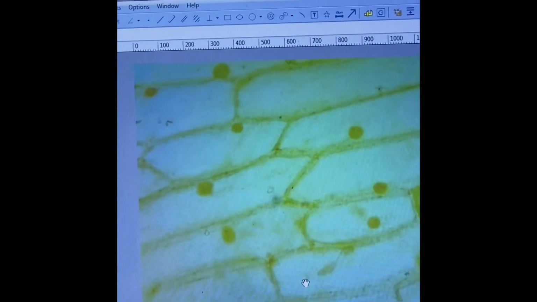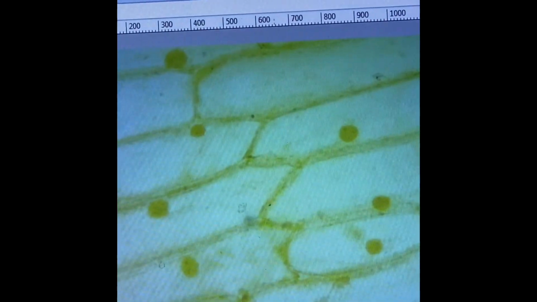All of them are pushed to the side and are not centered. And this is because, again, of the vacuole, which is large and pushes it to the side. When we go over the human cell, you will see differently. You will see the nuclei in the center because there's only a small vacuole.